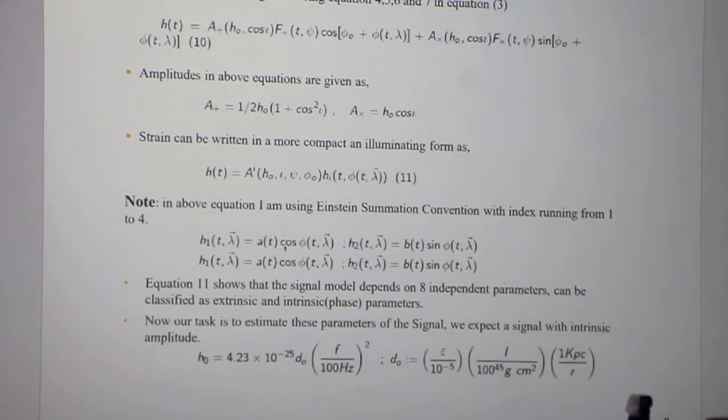So there is a problem that we can't maximize analytically over the phase parameters, but we can do it for the amplitudes A_i. Because they have a linear relation, we can analytically maximize over them.